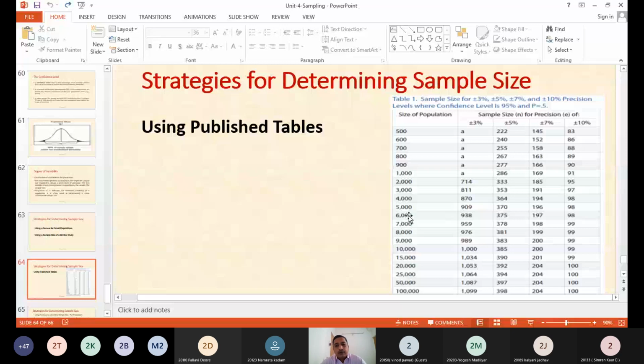So calculating sample size from the table is very easy. We can just refer to the table and see the corresponding sample size in front of that population size. For a particular population size, the sample sizes are given based on the precision level, the confidence level, and the degree of variability. Have you understood this, using published tables?